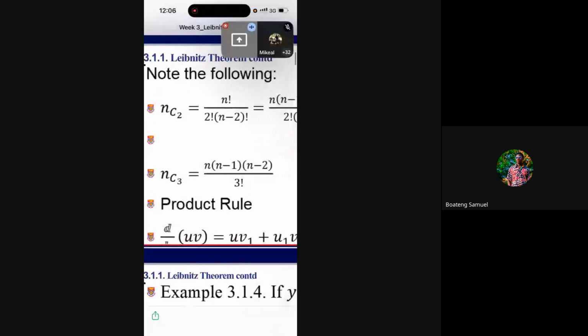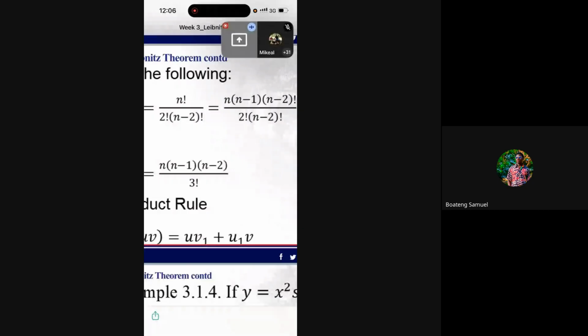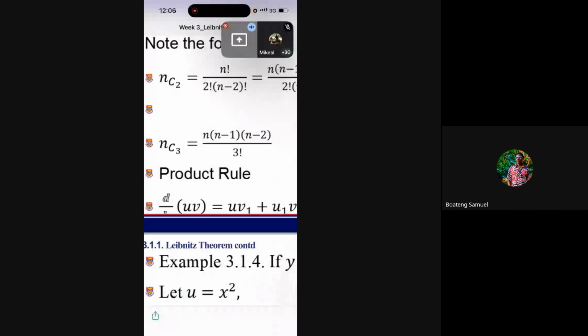So the differential of uv is u v prime plus u prime v. The same function, we can find different derivatives.